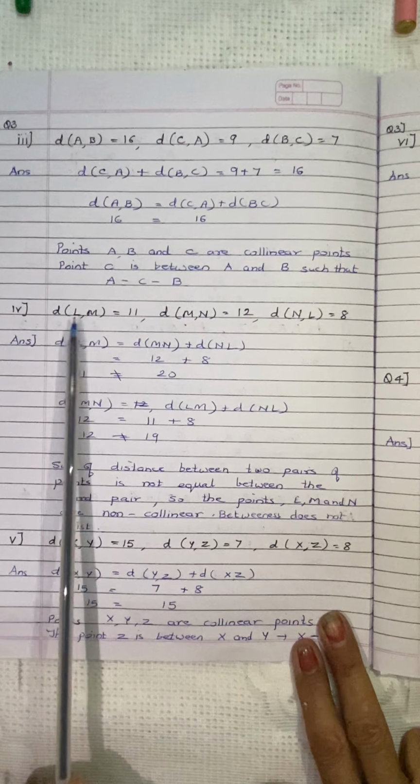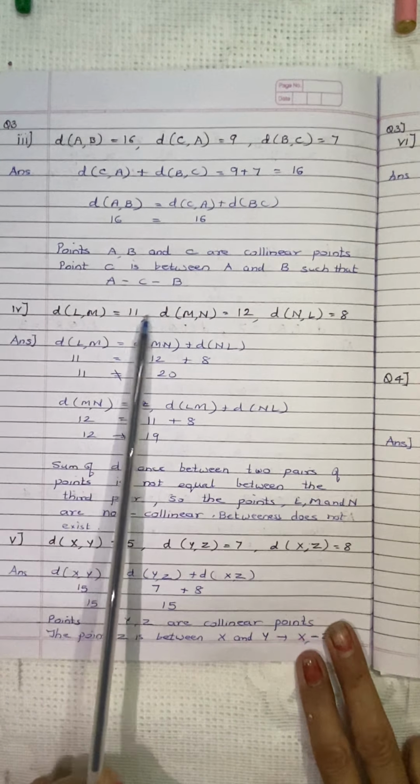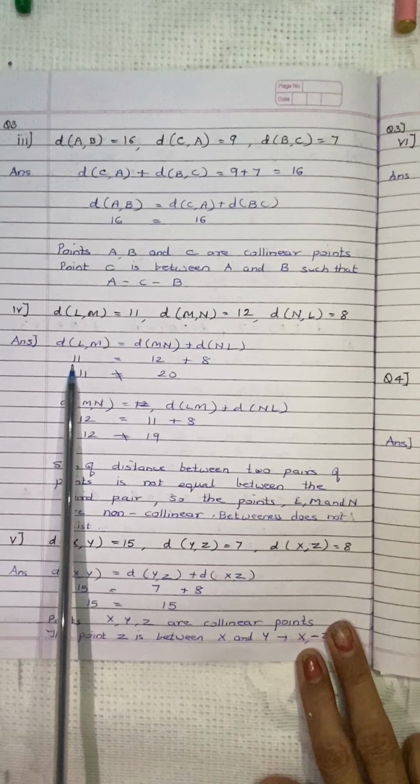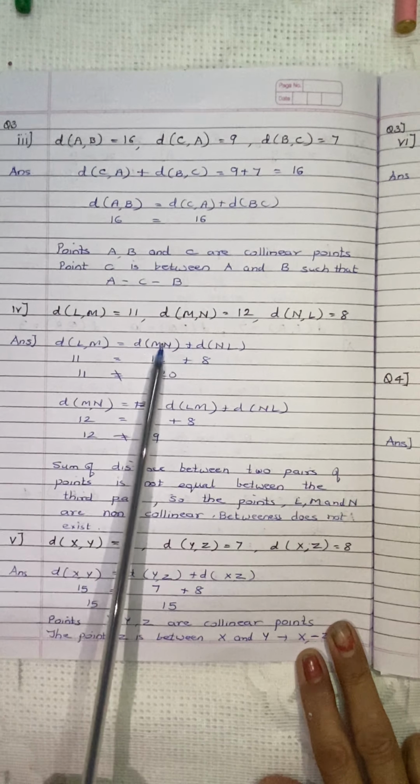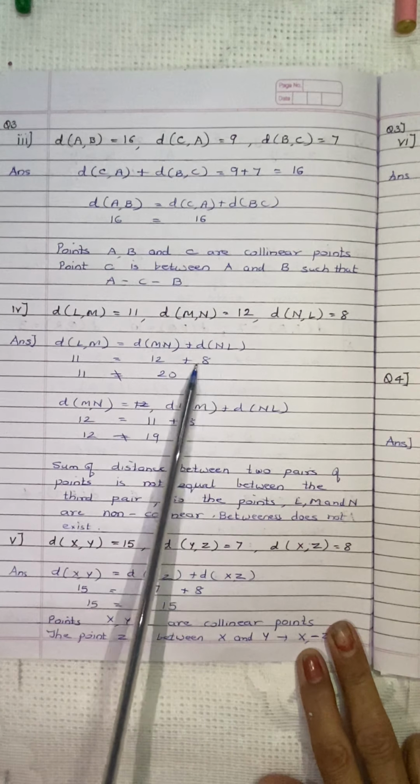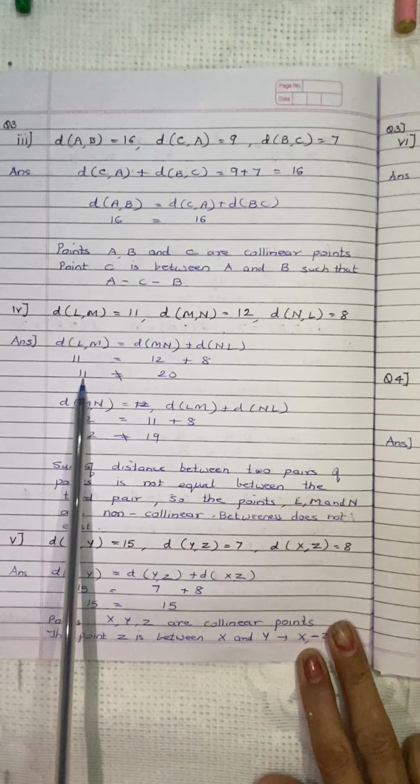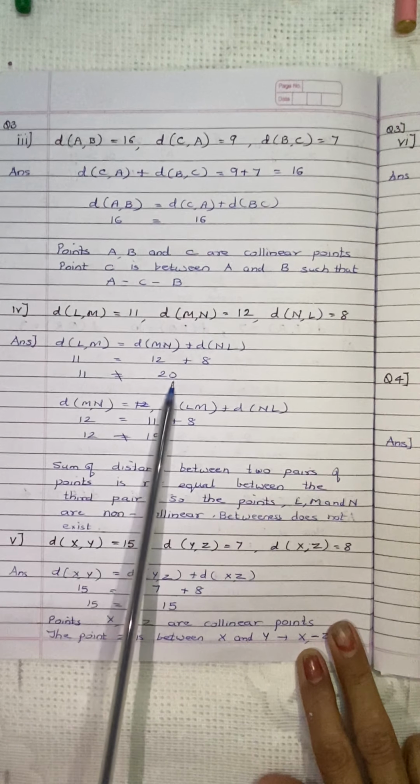Fourth question, distance between LM is 11, distance between MN is 12 and distance between NL is 8. So distance between LM is equal to MN plus NL. If you put the values, LM is 11, MN is 12 and NL is 8. Now 11 is not equal to 20.